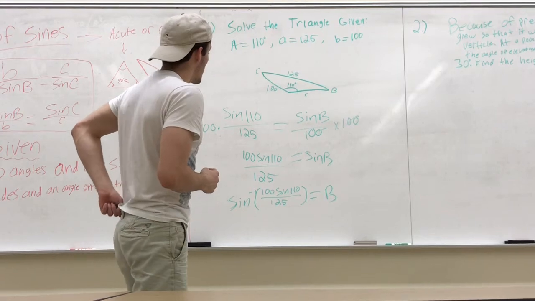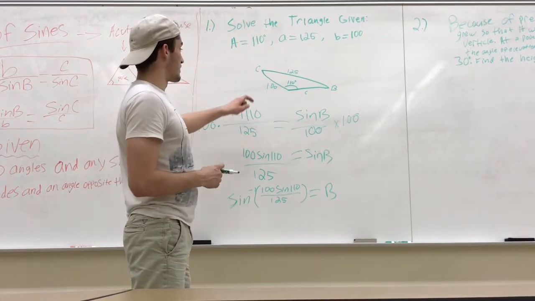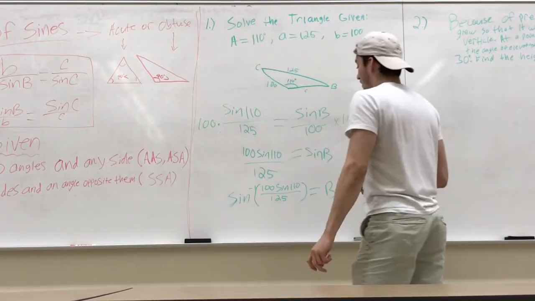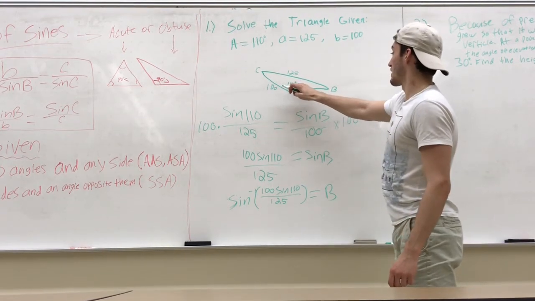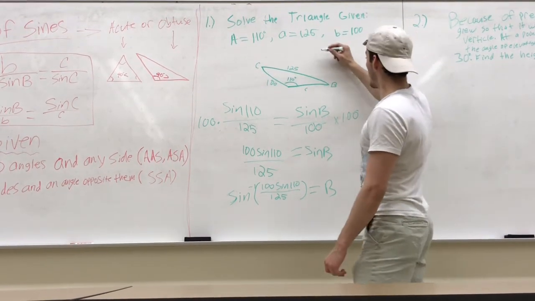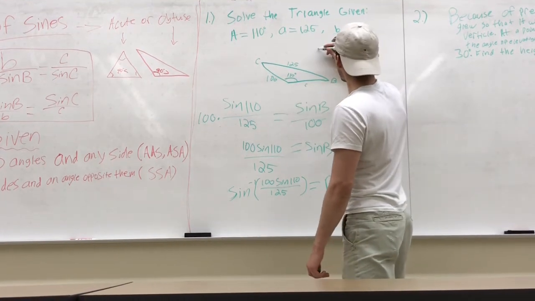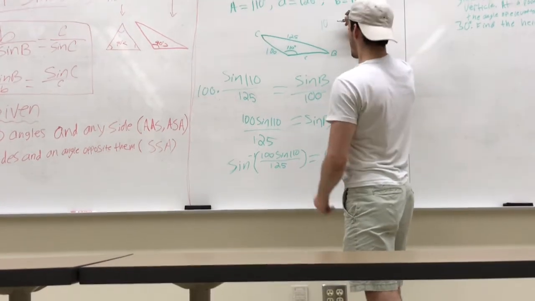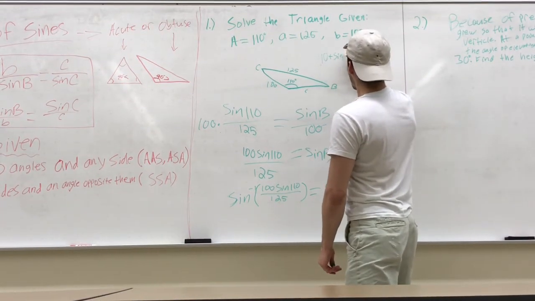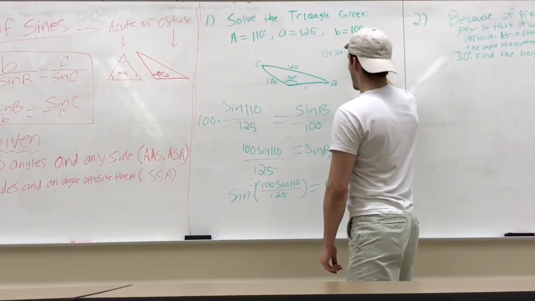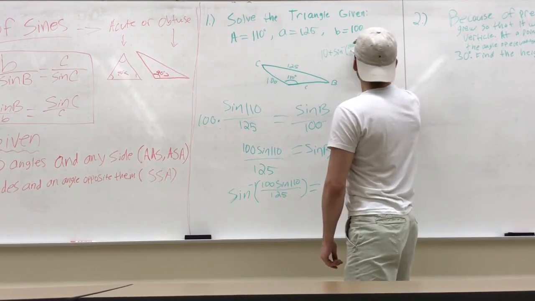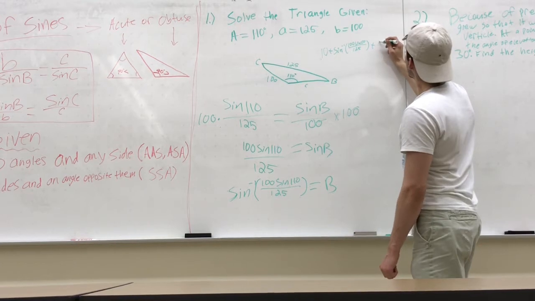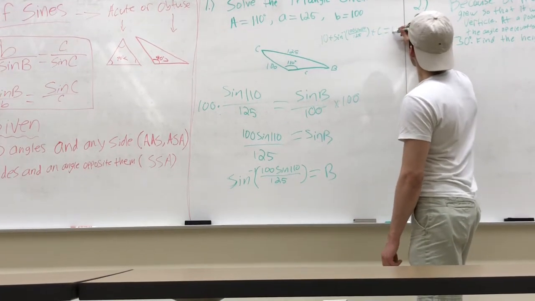Instead, I'm just going to solve for angle C, because I know that all these angles added together, A, B, and C, are going to equal 180 degrees. So I know that angle A is 110. I know that angle B is this weird value right here, so plus the arcsine of 100 sine 110 divided by 125 plus C equals 180.